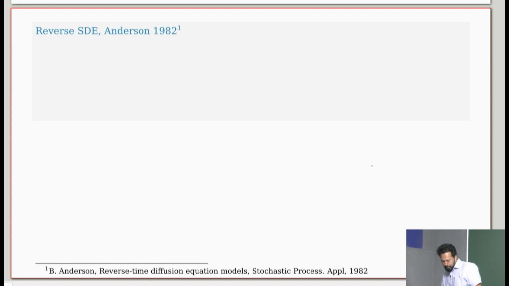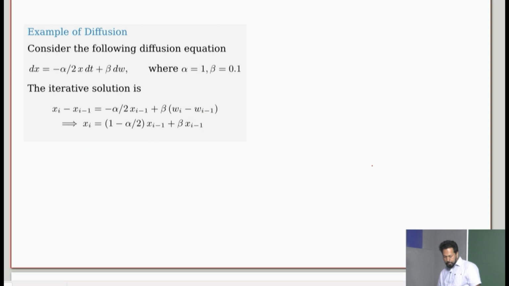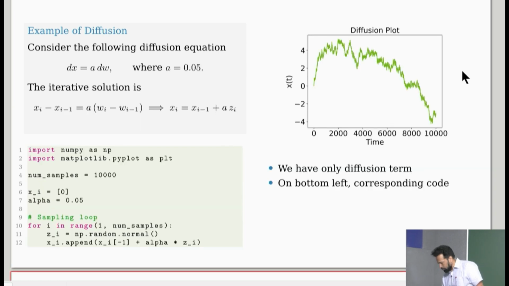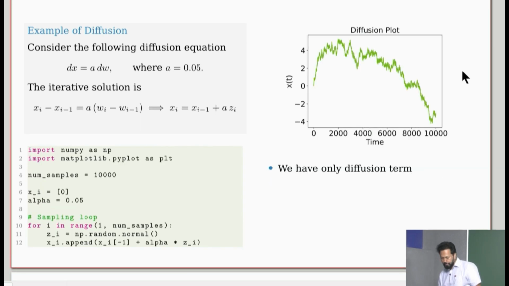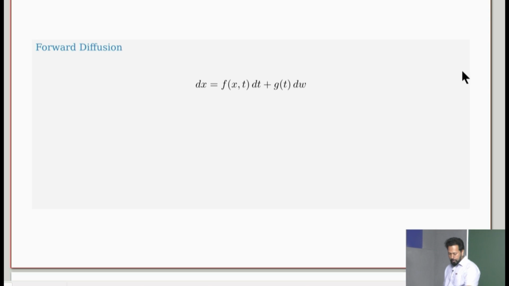If I go back a bit, this is the forward diffusion. We remember this because in the diffusion model we have a very similar forward diffusion. We will make it precise.